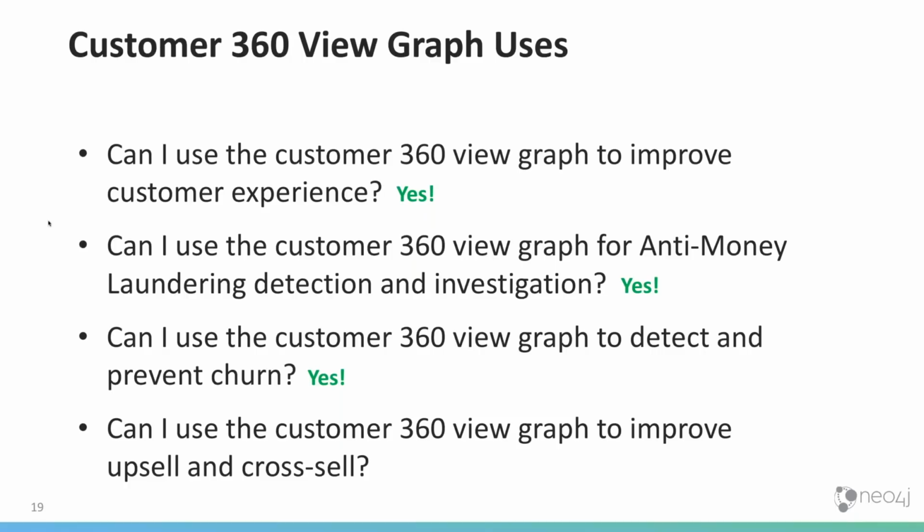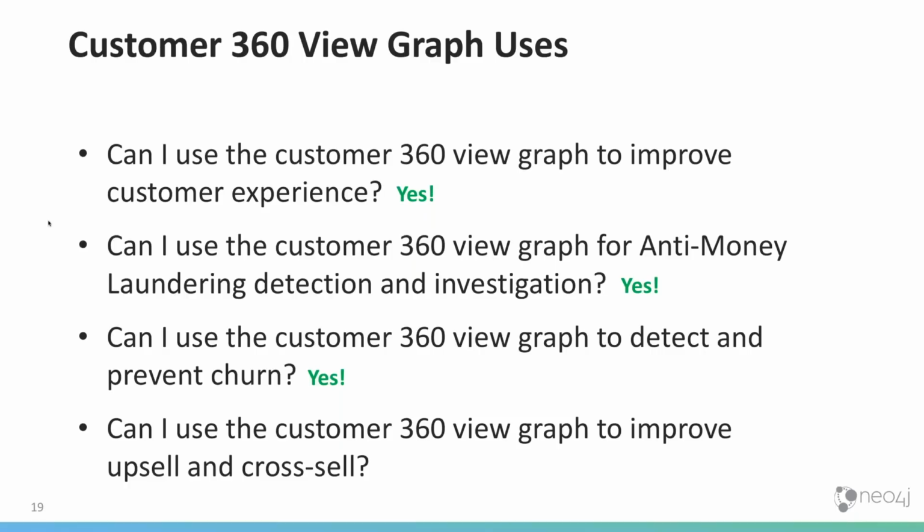Maybe they're paying off their credit card or their mortgage from a different account rather than from the account they have with you. Maybe there's a series of calls into the call center that have a negative score where they've called to complain. Maybe there's some social media activity where they're being negative about your brand.